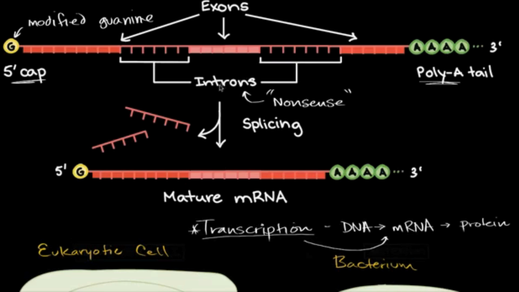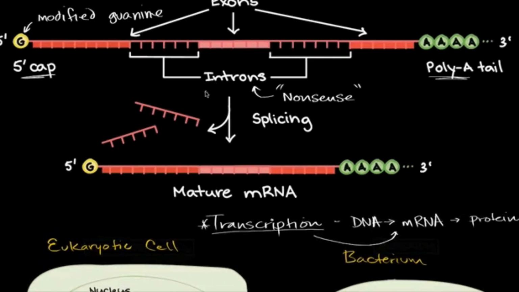And so these are actually processed out. They are spliced out. I'm not going to go into all the details of the actors that cause the splicing, but as part of this eukaryotic processing, you add the cap, you add the tail, and then you splice out the introns. And then once you've spliced out the introns, all you have left are the exons.